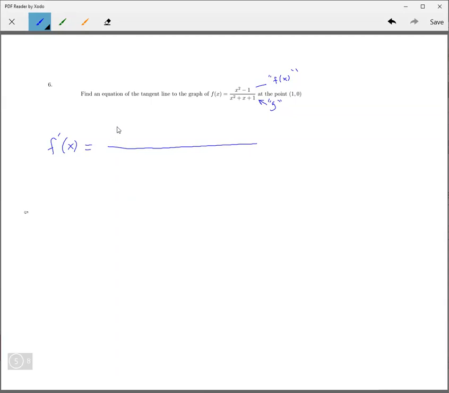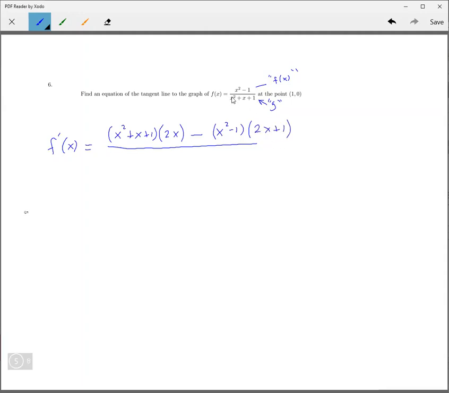So it's low, which is this one, times the derivative d high. So the derivative of this is 2x minus 0, or 2x, minus high d low. So the derivative of the denominator, that's 2x plus 1.